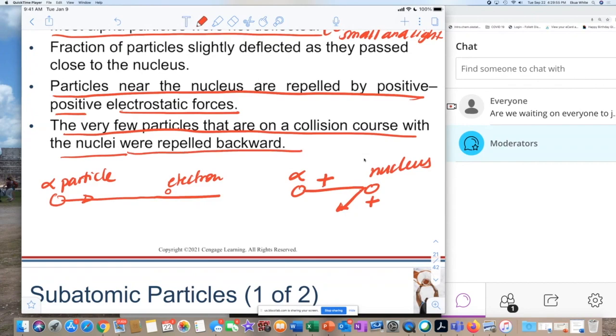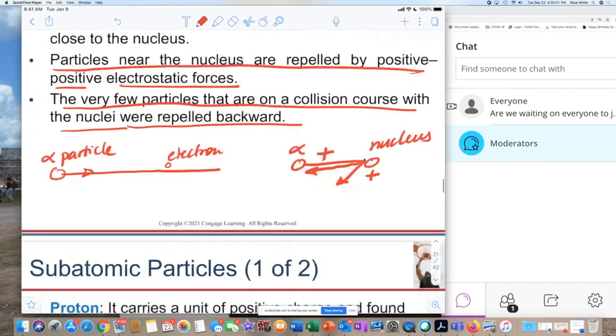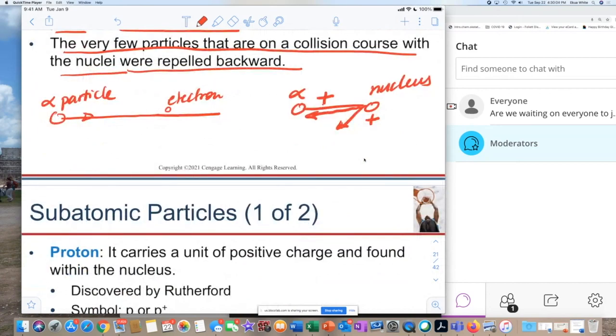None of them went completely backwards like this, but many of them were repelled on the side, okay? Once again, this proves the nucleus is positive. It proves the nucleus is in the middle. It also proves the nucleus is dense. So his experiment proves at least three things we know about the nucleus.